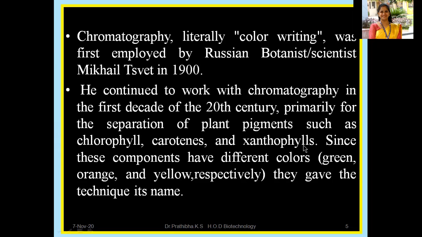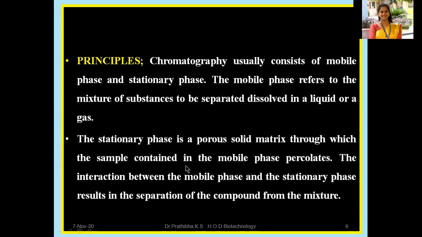Being a botanist, he was working with plant pigments. Since these components have different colors like green, orange, and yellow respectively, they gave the technique its name. Chroma means color, graphy means writing, colored writing. So the word chromatography.